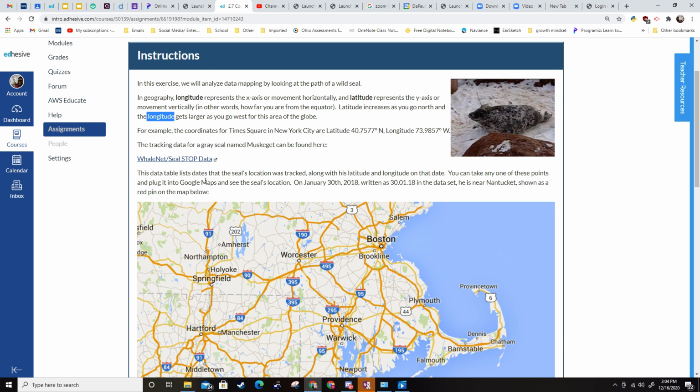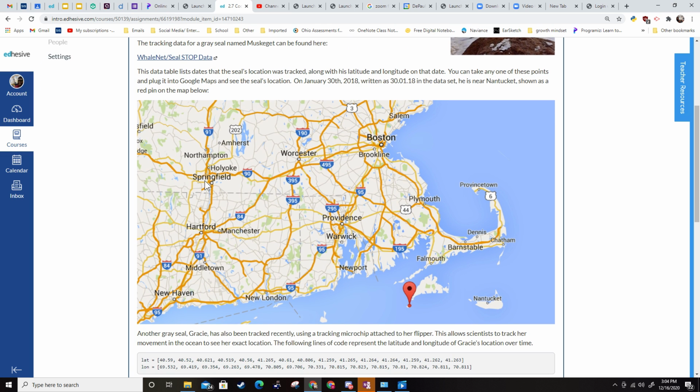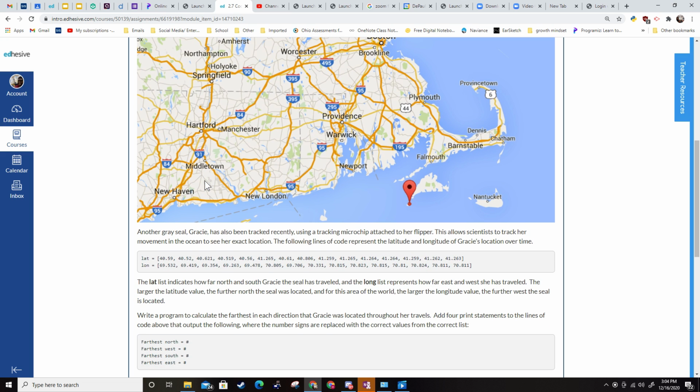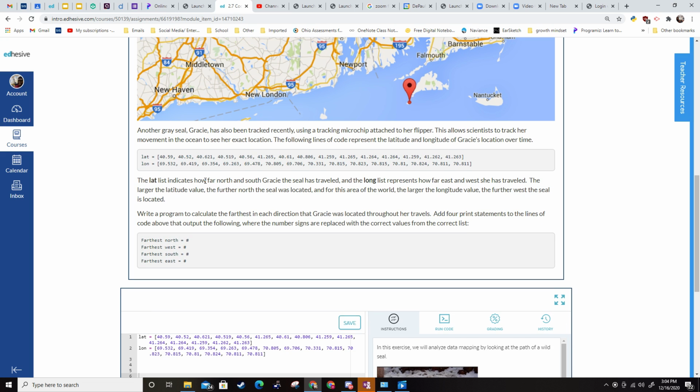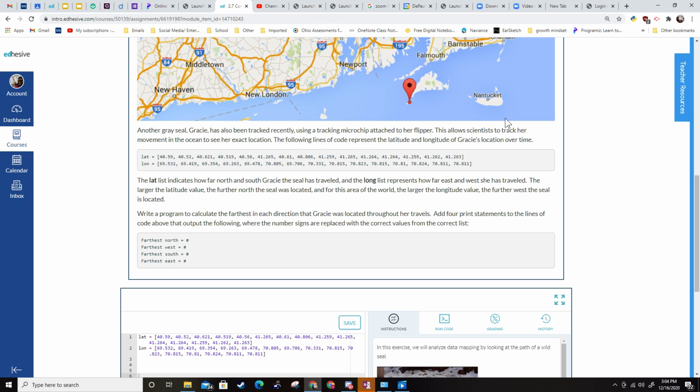All right. So they give you a little bit of information here. We are looking at the data for a wild seal as he's migrating around the coast. So let's look at the data they give us. They give us a bunch of latitude values and a bunch of longitude values.